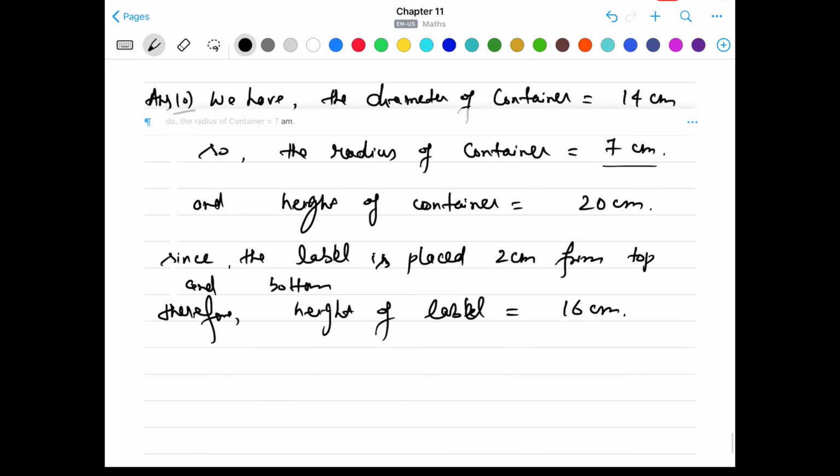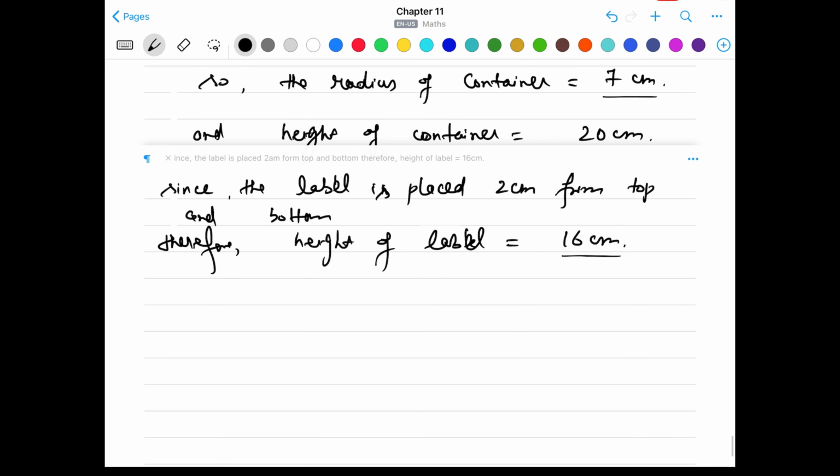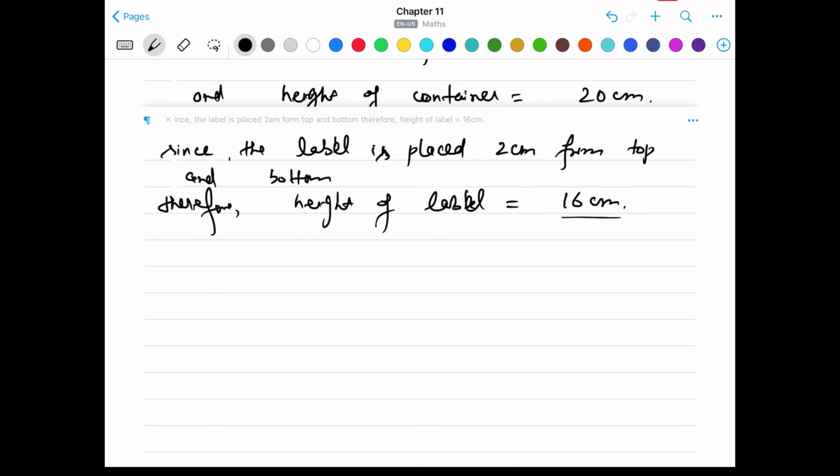So radius of this label will be 7 centimeter and height of the label will be 16 centimeter. So by using this we can find out the area of the label. That is the curved surface area of the cylinder.